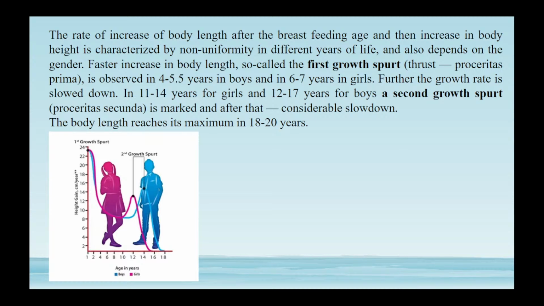Faster increase in body weight, the so-called first growth spurt, Proceritas prima, is observed at 4 to 5.5 years in boys and at 6-7 years in girls. Further, the growth rate is slowed down.